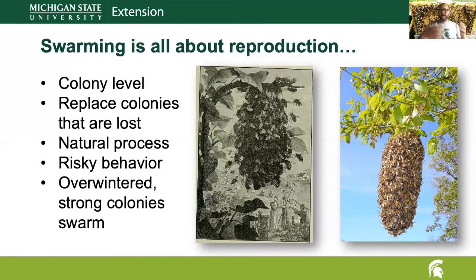Keep in mind that swarming is also a very risky behavior. A weak or sick colony that's struggling typically does not swarm. That's not typically something that happens. They don't have the resources or the population to really embark on a risky endeavor when it's a small colony.